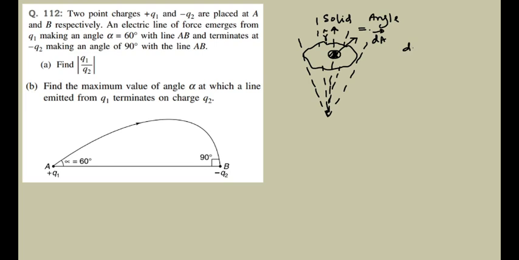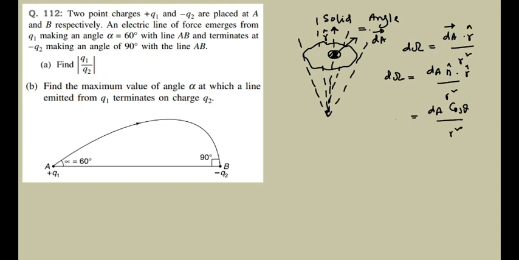So d omega solid angle is defined as dA vector dot r cap by r square. So from here d omega is equal to dA into n cap, where n cap is the unit vector of that area vector, dot r cap by r square. The dot product between two unit vectors will give cos theta. So that is dA cos theta by r square, that is d omega.